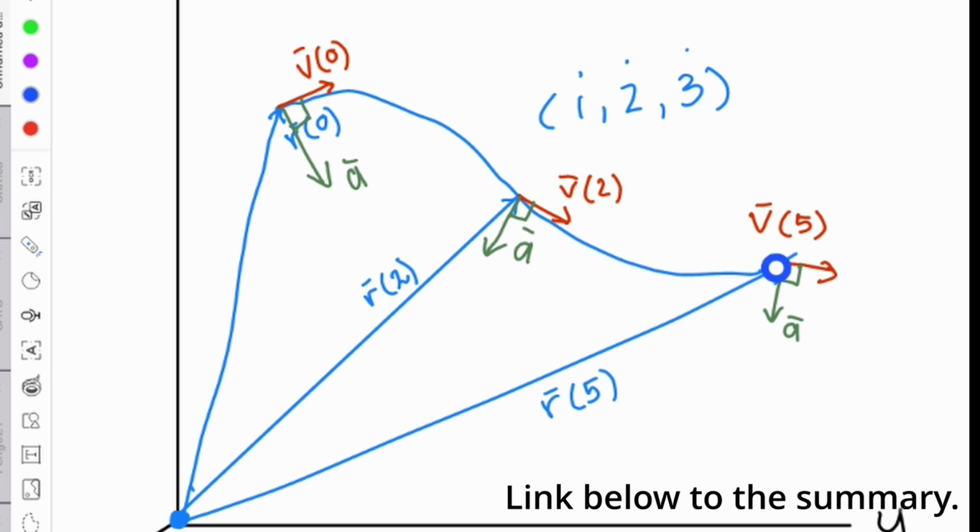And then its acceleration is kind of like wherever the radial point of that curve would be. So this acceleration can point upwards as well, or it can point downwards. It all depends.